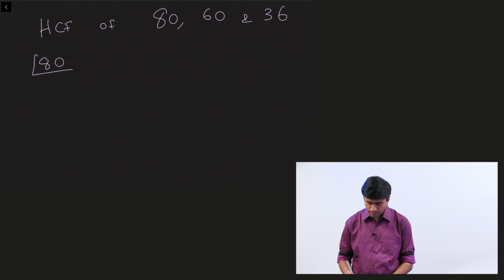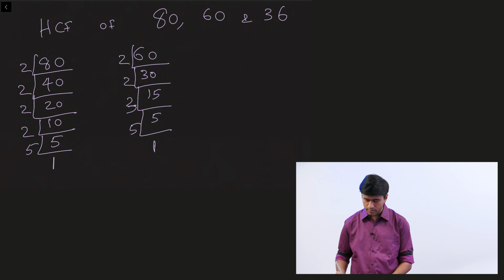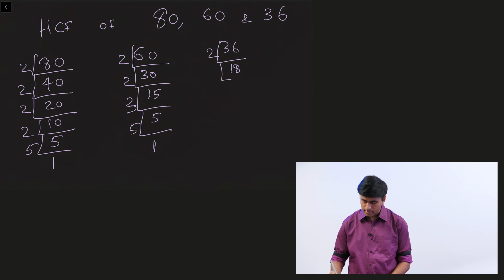Let's do that. 80: 2 40s are 80, 2 20s are 40, 2 10s are 20, 2 5s are 10, 5 1s are 5. Prime factors of 60: 2 30s are 60, 2 15s are 30, 3 5s are 15, 5 1s are 5. What are the prime factors of 36? 2 18s are 36, 2 9s are 18, 3 3s are 9, 3 1s are 3.